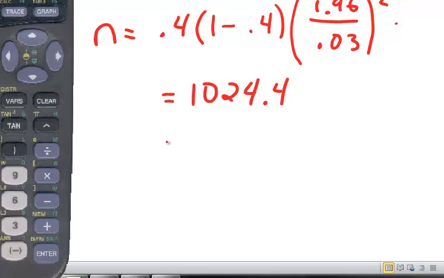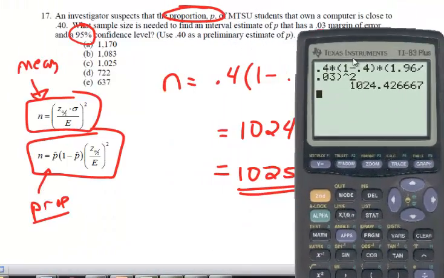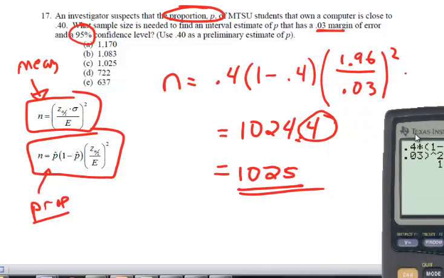Now, if you recall, we always round up, no matter what this number is. If it's 0.01, we always round up to the next integer. So 1025. Luckily, they didn't have the attractive distractor 1024 on here, but there we go, 1025. Hope that helps.